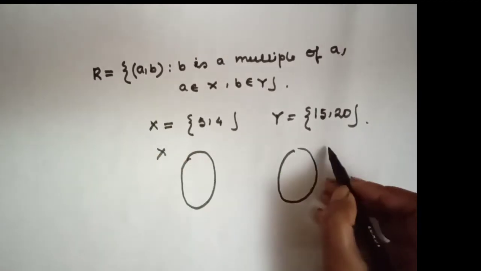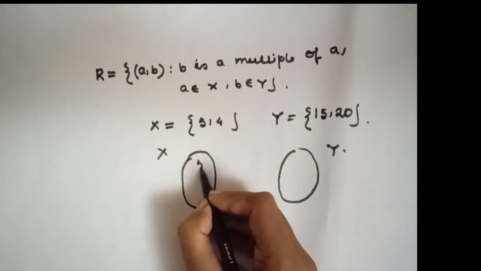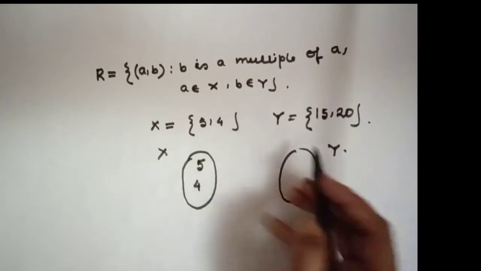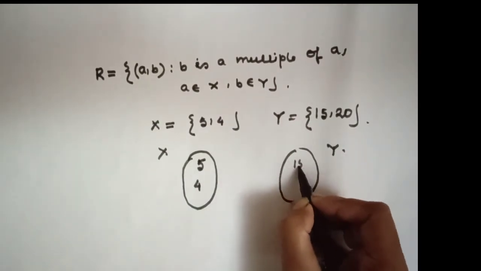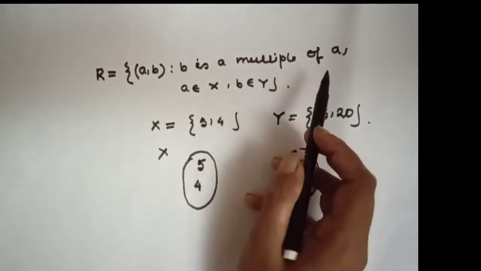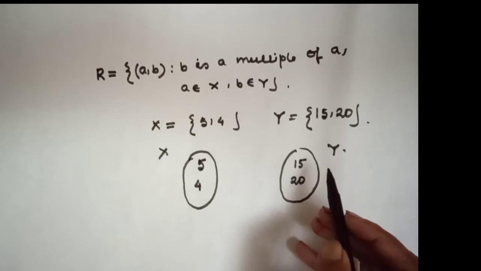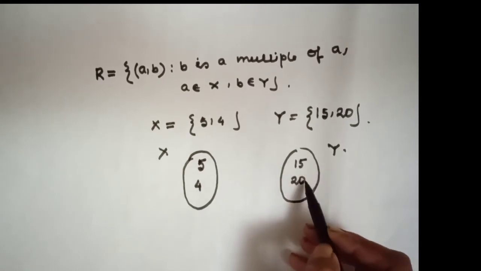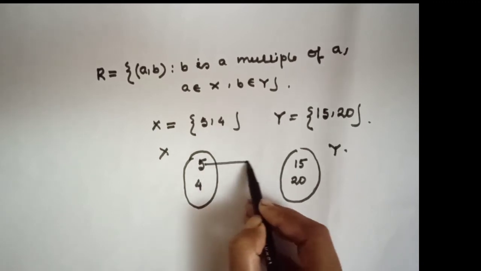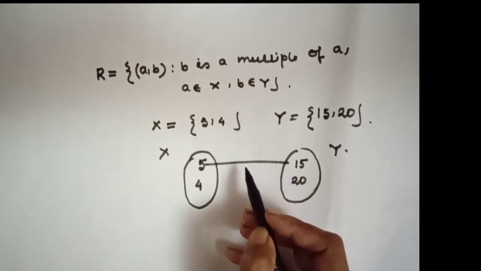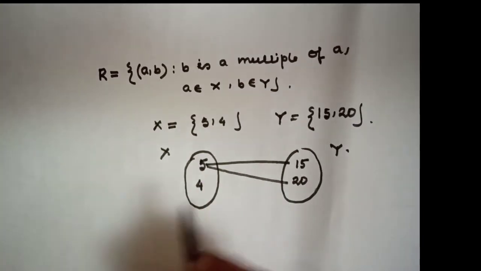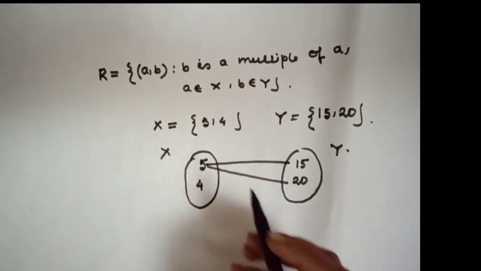This is X, this is Y, this is 5, 4. Here B is a multiple of A, and here 15 and 20. Since B is a multiple of A, 15 and 20 both are multiples of 5. So this is the image of 5.